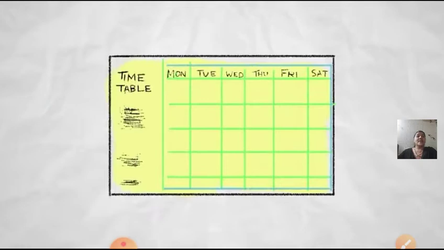Now children, if you look at the timetable, there are days which are in sequence: Monday, Tuesday, Wednesday, Thursday, Friday and Saturday. And yes, we go to school and we attend all the periods. Those periods are also in sequence, 1 to 8 or 9 periods. So sequence is very important.